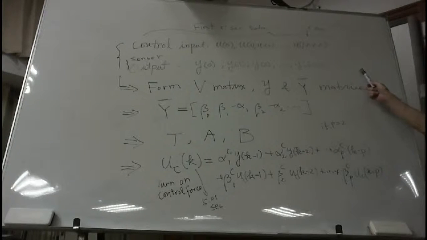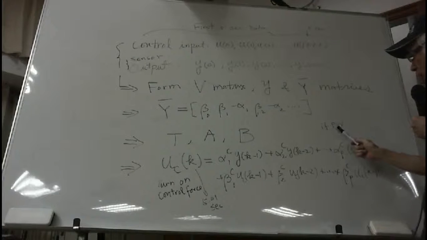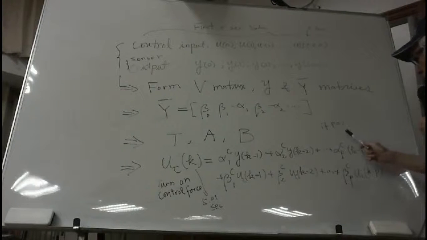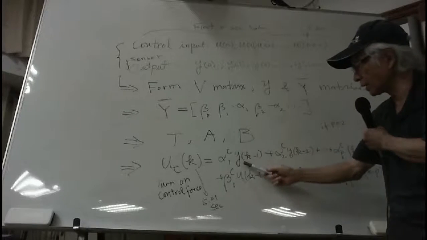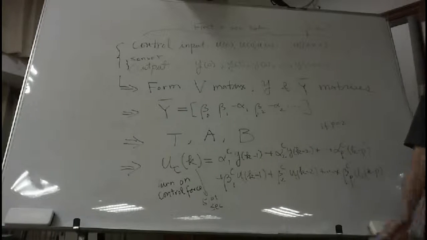Not that much, because it only goes up to P equal to 2 or 3 or 4 or 5. So if P equal to 2, you use only the past 2 data.